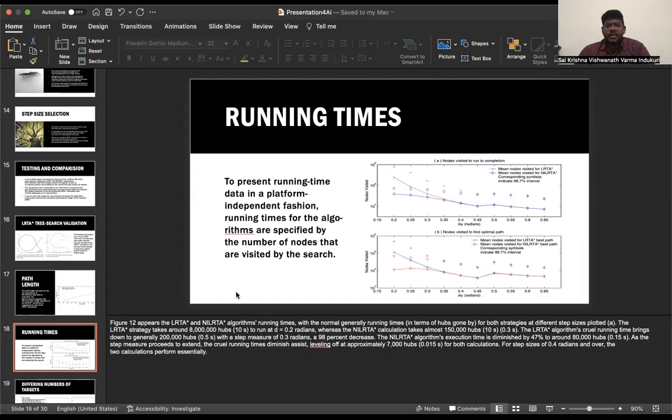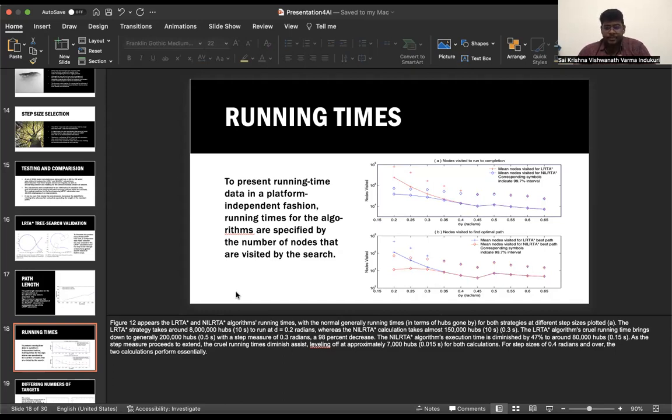Next, the running times. As in the above figure, the LRTA and NILRTA star algorithms' running times with the normal running times for both strategies at different step sizes is plotted in A. The LRTA star strategy takes around 80,000 nodes 10 seconds to run at a step value of 0.2 radians, whereas the NILRTA star algorithm takes almost 150,000 nodes.